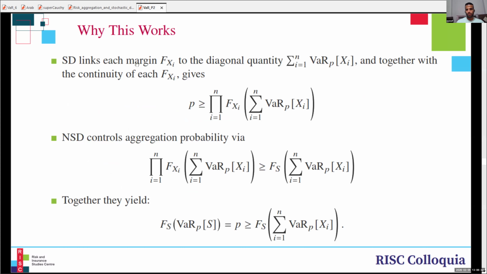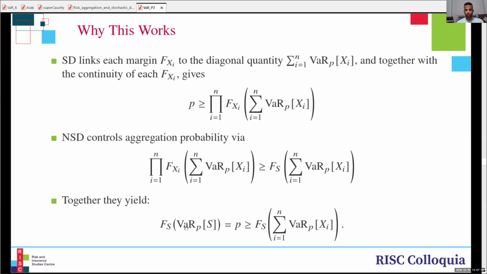Okay. The proof is straightforward. It's not too complicated, so we can maybe skip this. The idea is basically that we need to bound the CDF of the sum S by p, because F_S of the VaR of S, as we say, if you take the CDF at the VaR value, you get back p.